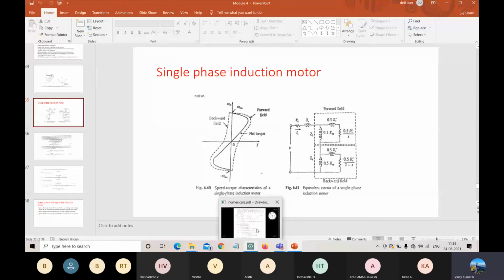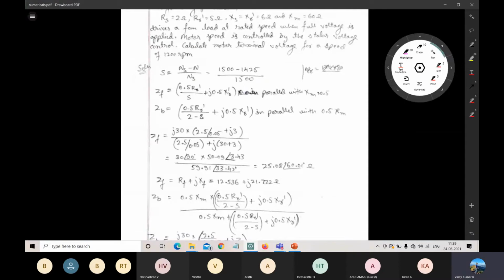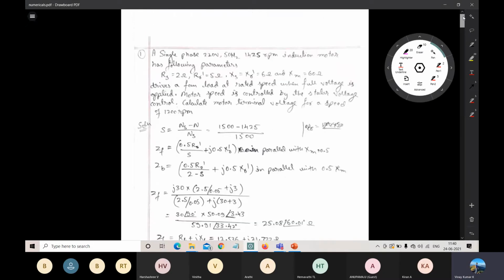So in the problem he has given a single phase 220 volts, 50 hertz, 1425 rpm induction motor.